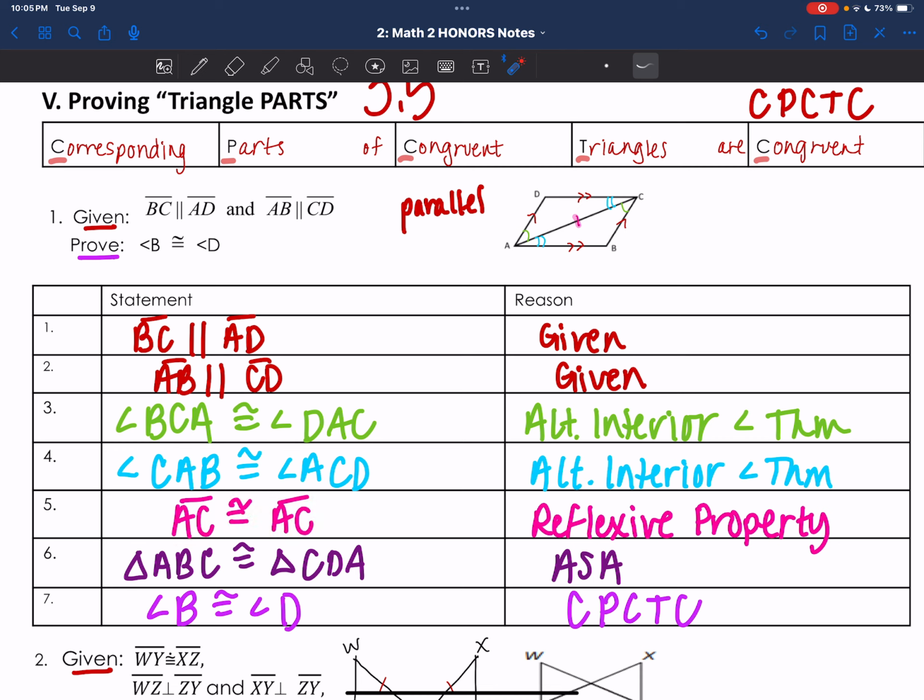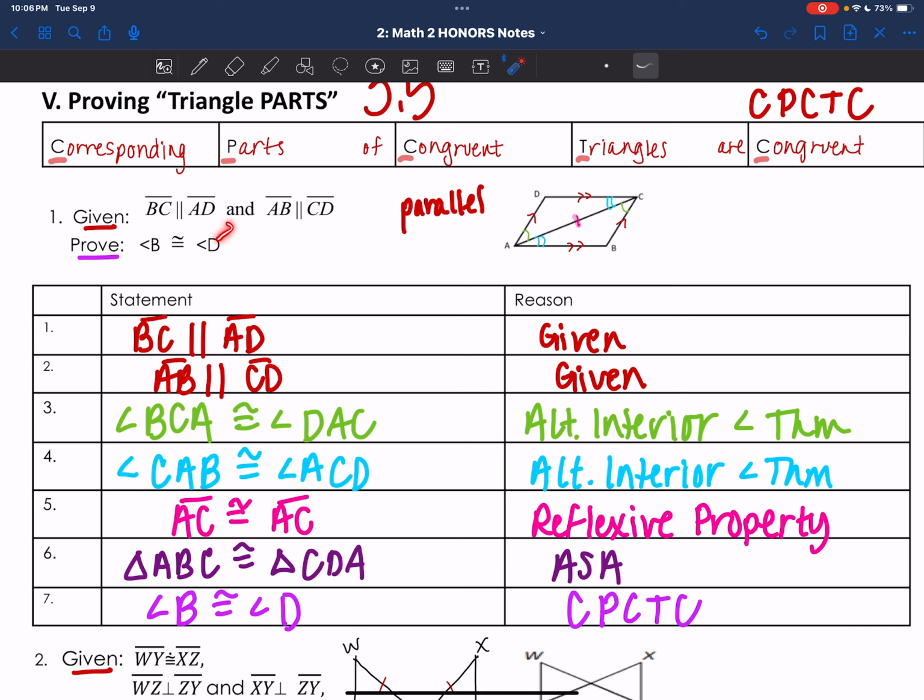All right, so now we've done given, we've done all of our found information. Now we have to say the triangles are congruent, and we know that because it's angle, side, angle. So we put that here.